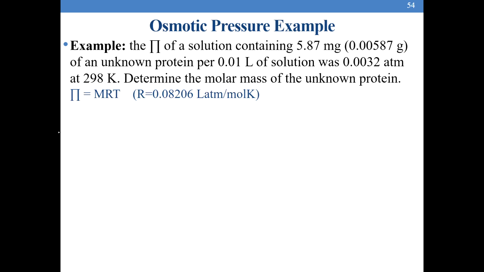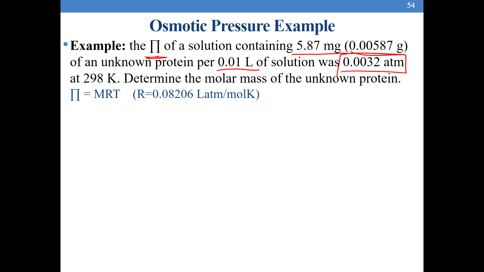Okay. So here's the example. The osmotic pressure of a solution containing, and so on. Hang on one second. So you've got the milligrams and the grams, and it's per 0.01 liters. The osmotic pressure was, and then there's the actual value.